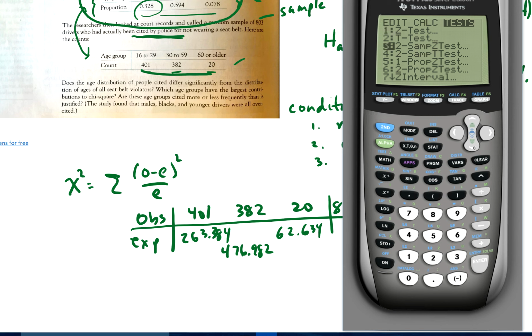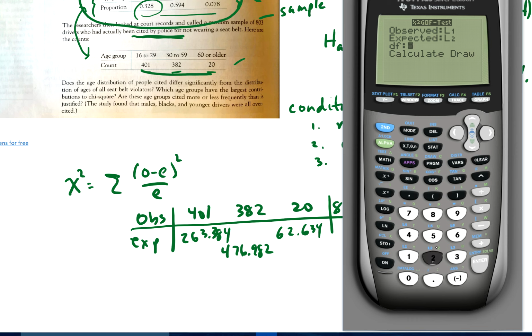Okay, so now I can do stat, test, chi-square goodness of fit, L1, L2. Degrees of freedom is one less than the number of categories. I have 3 categories, so it's going to be 2 degrees of freedom. Calculate.